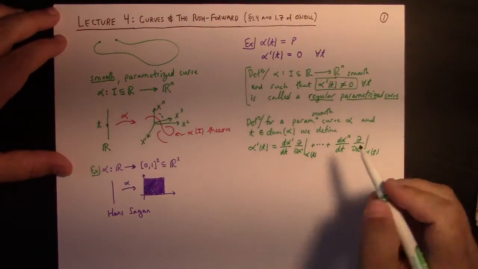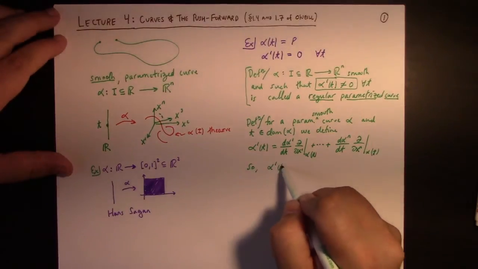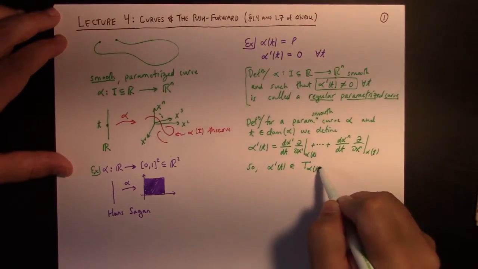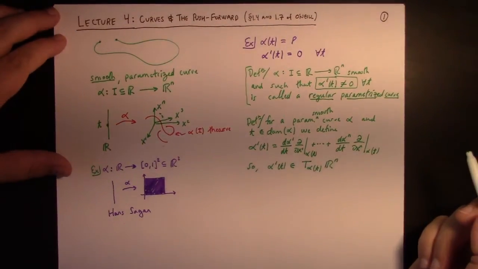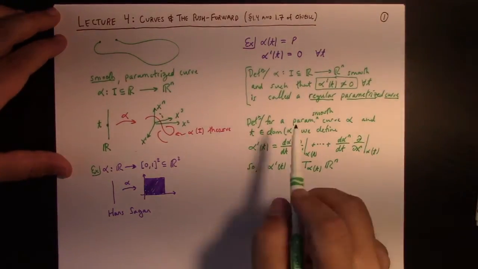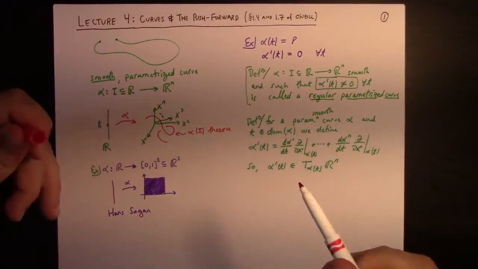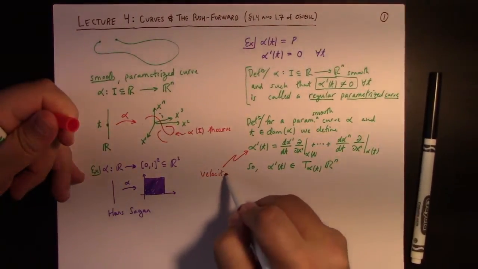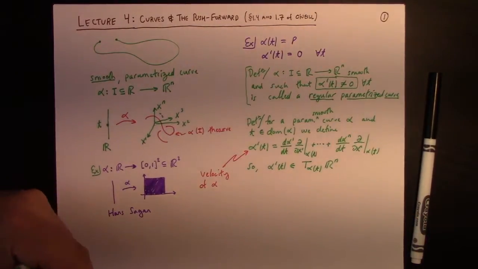So alpha prime of t is an element of the tangent space at alpha of t of Rn. And so what this means is that, naturally we call this the velocity of alpha. So what is the velocity of alpha?